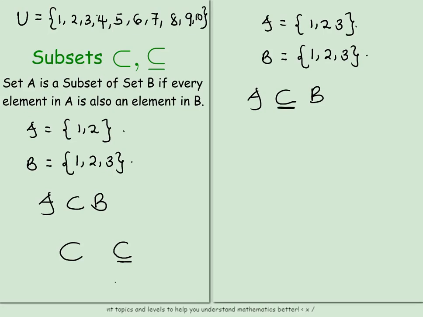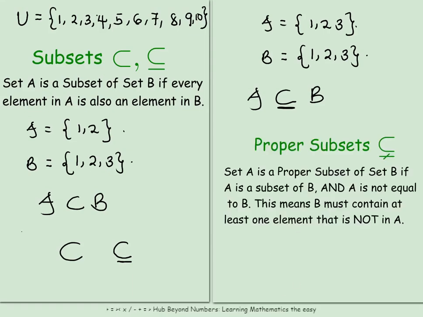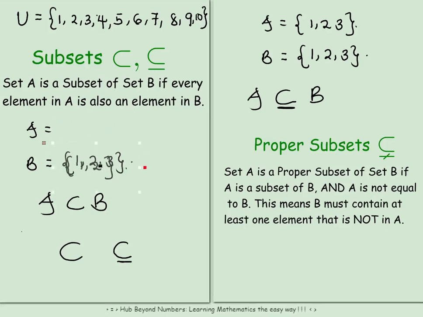With that said, we have something we call a proper subset. For a proper subset, all the elements in set A are in set B, but they are not equal to it. Before we look at the definition, if you look at the two sets we considered, set A and set B, you'd realize that this set over here is a subset of B, but it is not equal to it.